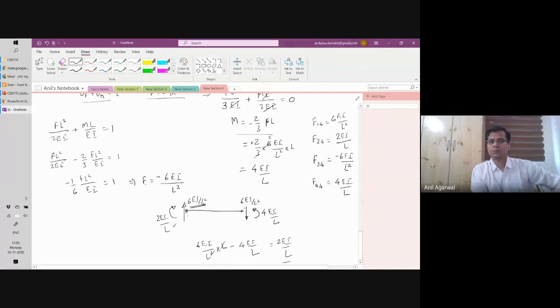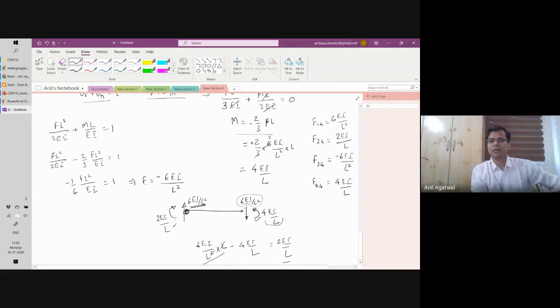See, the thing is that if I'm taking moment about this point, 6 EI by L square multiplied by L is in clockwise direction. 4 EI by L here is producing an anti-clockwise direction. And the moment from 6 EI by L square multiplied by L is bigger than this moment. So the net of these two is in the clockwise direction.